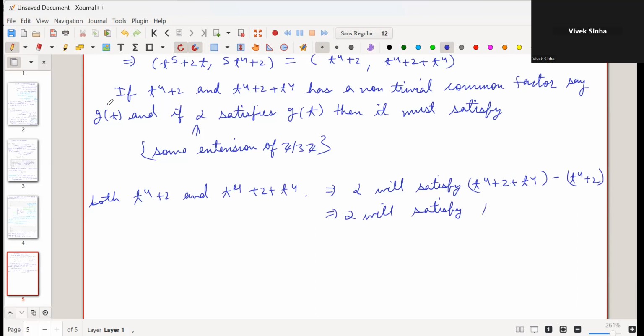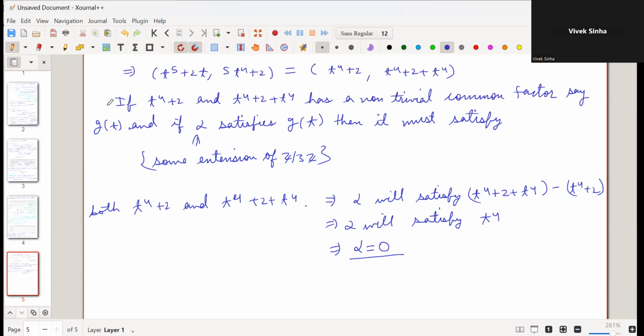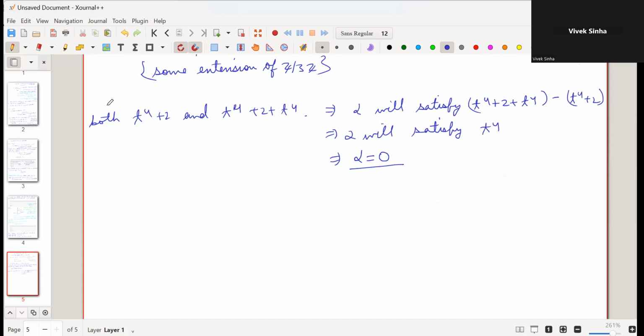The difference is T^4. And what are the roots of T^4? This is nothing but alpha is 0, right? And that is a contradiction, right?